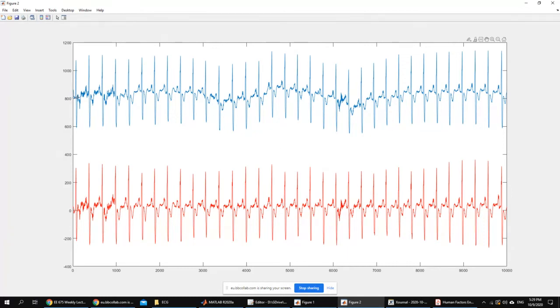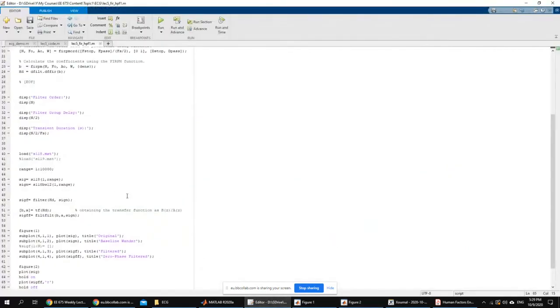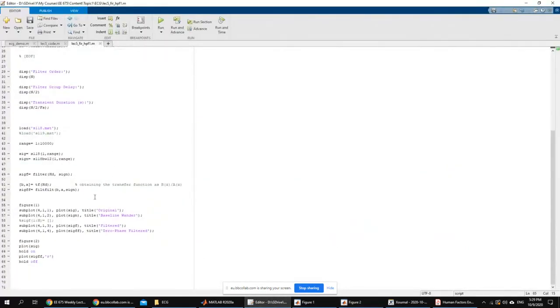Let's remove the DC of this one here, so that we can at least have exactly the same signal. So I'm going to make sig equal to sig minus mean of sig. I'm just going to remove the mean value of the signal. That's it. Okay. Let's try that now.